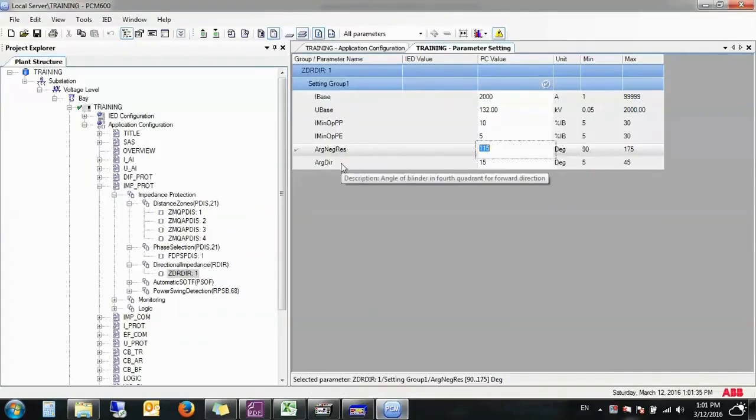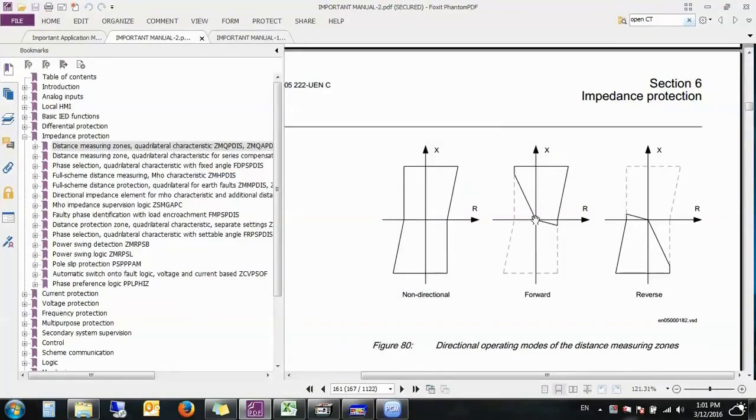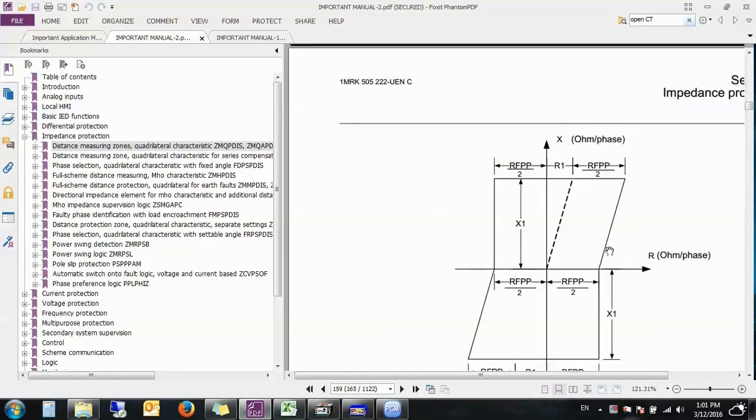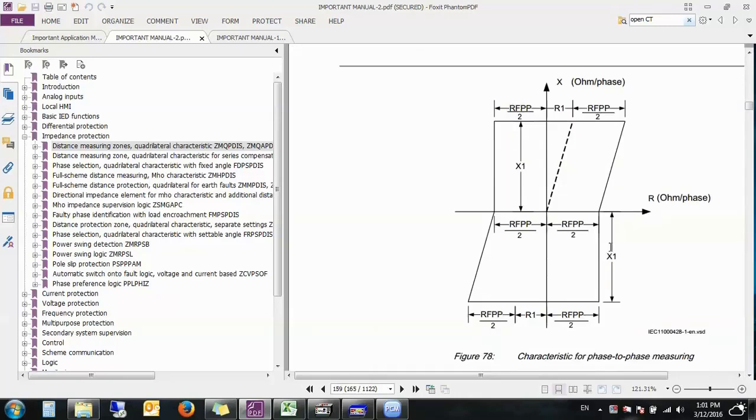And for the other 15 degrees in the fourth quadrant, you go down 15 degrees like this and cut like this. Then your forward and reverse are the same but extended: you extend this 15 degrees like this, and the 115 degrees you extend downwards. This means the 15 degrees here are reversed from minus, you raise them up, and the 115 you bring down. Okay, and you have how to draw phase to phase and how to draw phase to neutral.